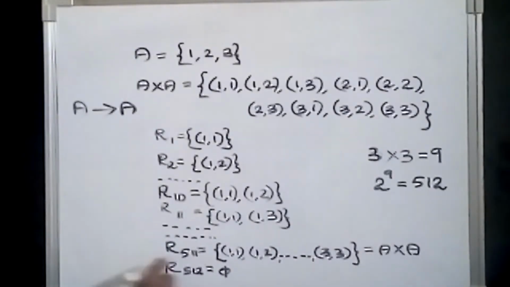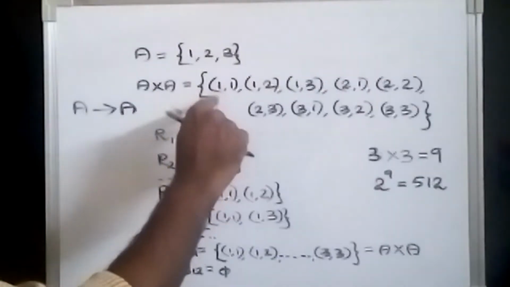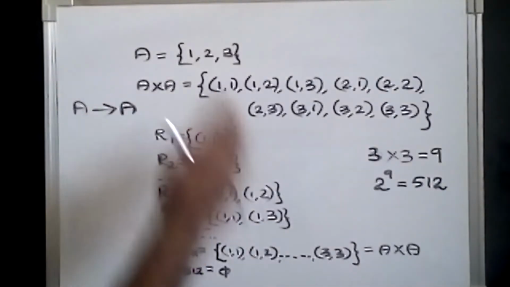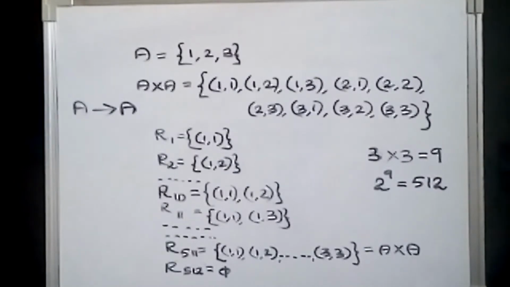In a universal relation, every element of A is related to every element of A. A cross A is the universal relation, and in a universal relation, every element of A is related to every element of A. And in an empty relation, no element of A is related to any element of A. Thus, we have studied two types of relations.